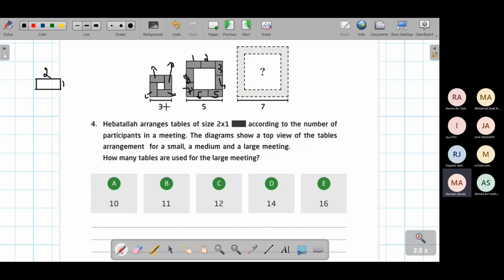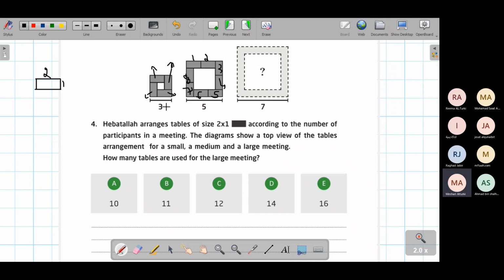Could we use like 5, as we see, Mr., when the 3 there is 4 tables, and when 5 there is 8 tables. So could it be that when 7 it would be 12? How do we get 12? Give me a reason that I can say, okay, it's 12.